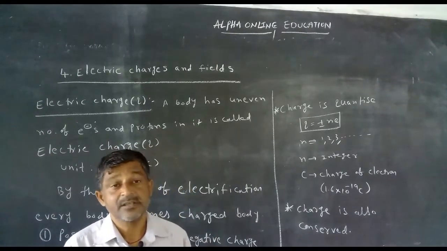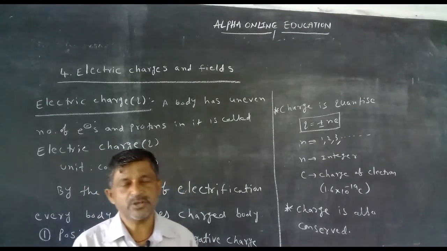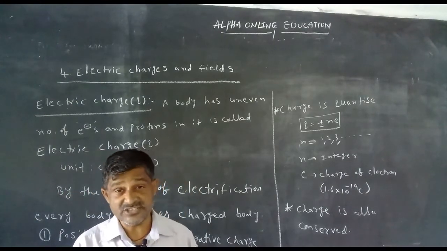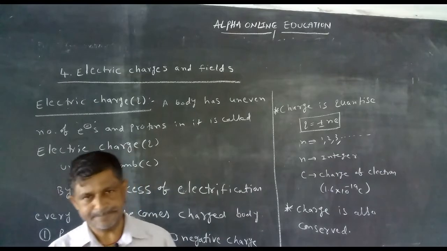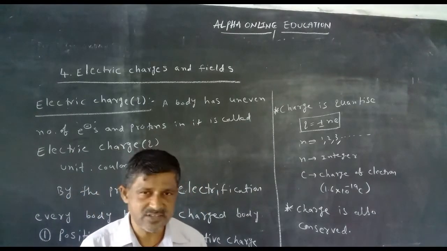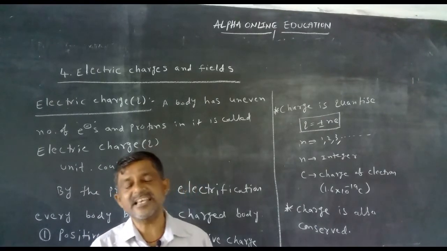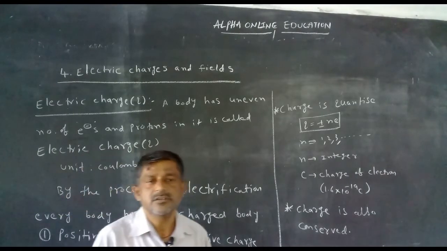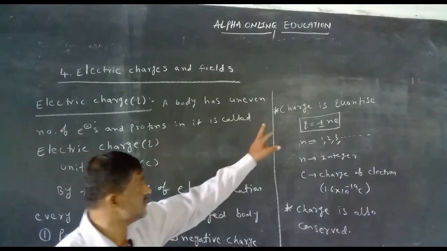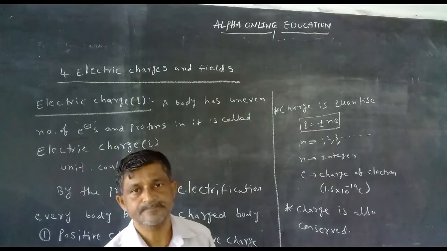Now, is charge quantized or not? We can get this as a question in the examination: whether the charge is quantized or not, explain. This is one of the 2 marks questions we got one time in the examination. The answer is yes, the charge is quantized. What is the meaning of quantized?